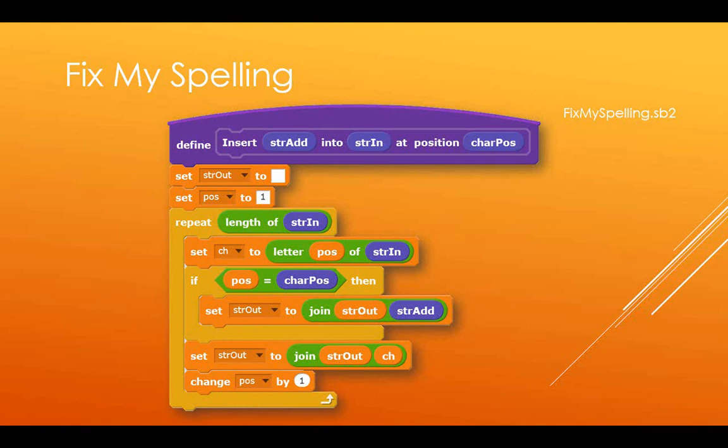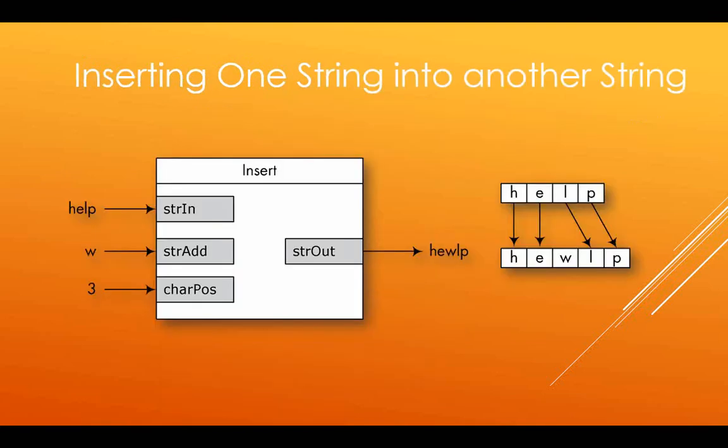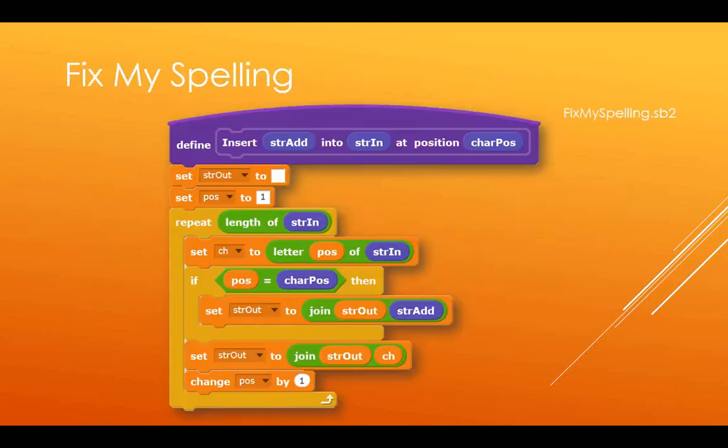When we enter our function, we set a variable called string out to blank. That's how you empty your variable of any value, and we set our position to 1. Then we're going to repeat the length of our string in, help, and we are going to set character to letter position of string in.